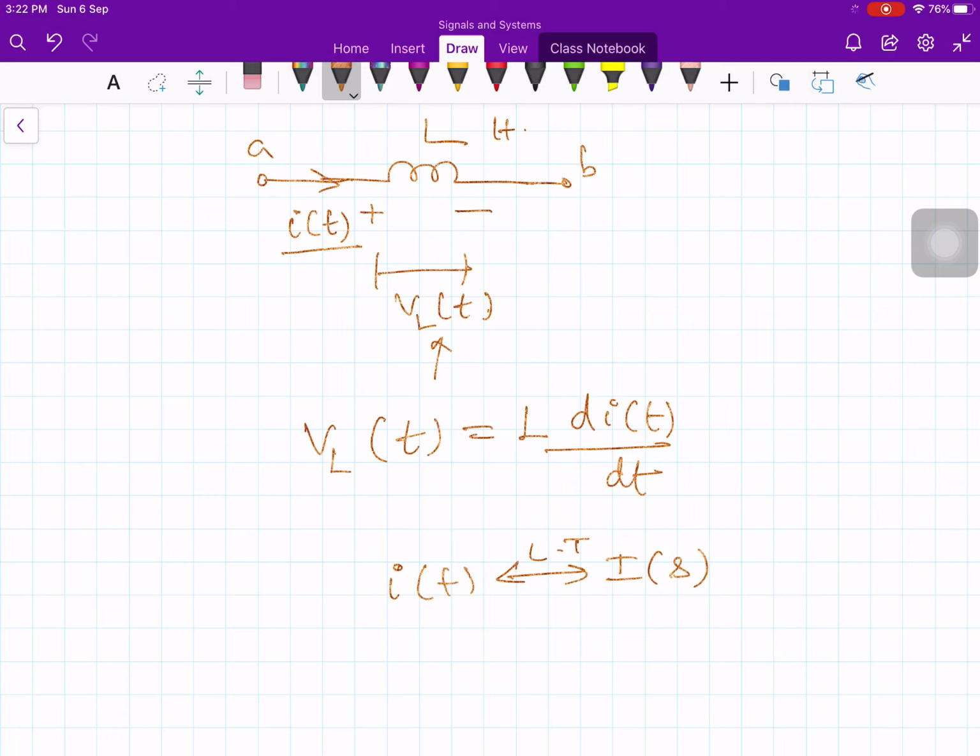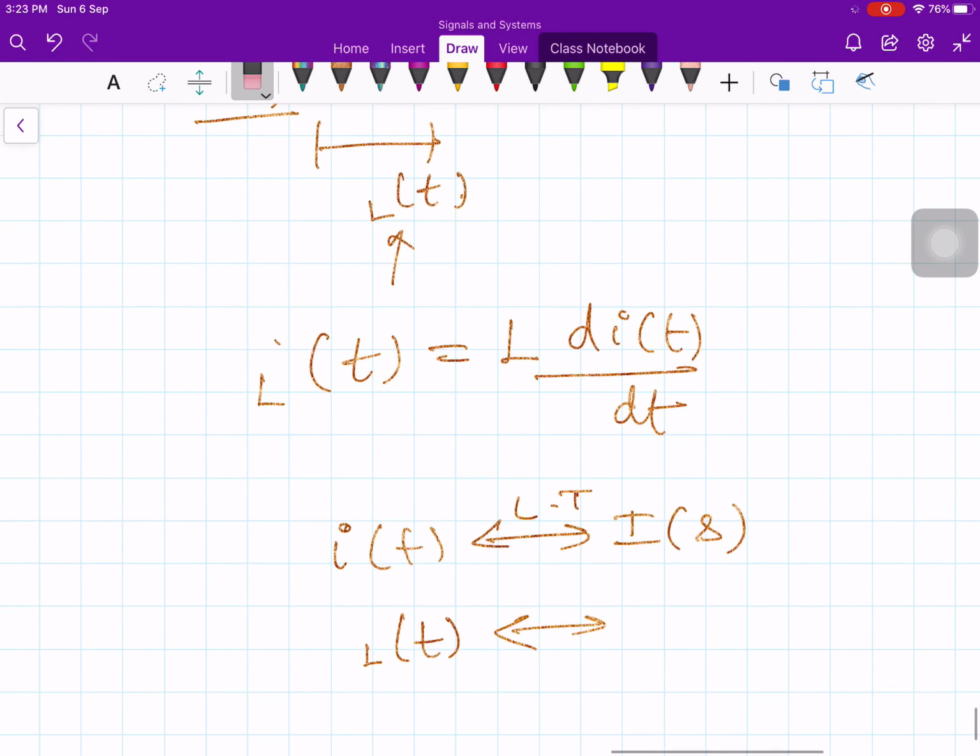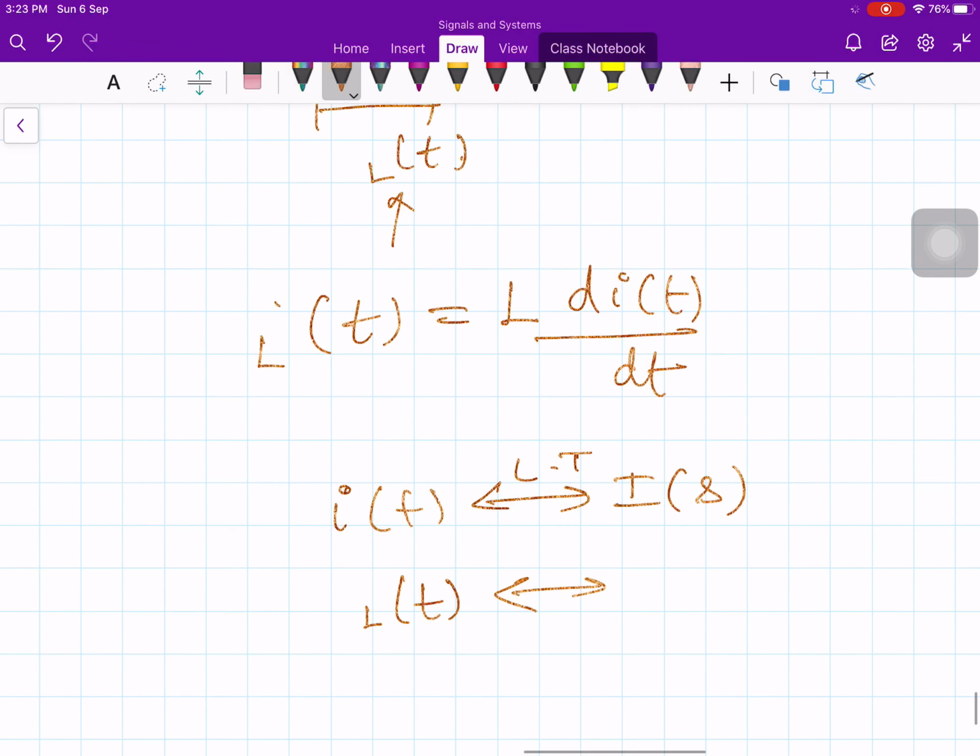And let us assume vL of t has a Laplace transform. Let's say this is vL of t, small v, then capital VL of s, because I want to reserve the capital letter for my transform domain.